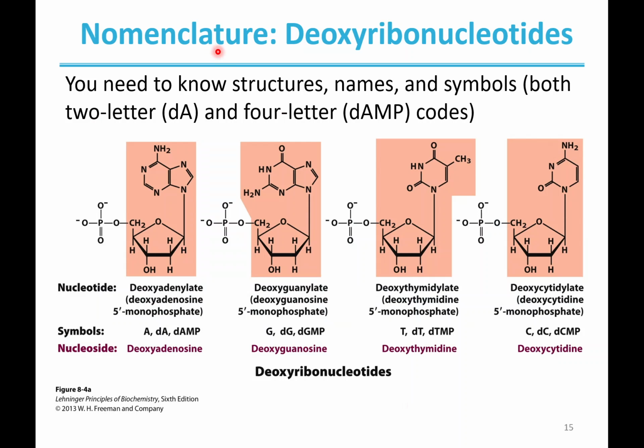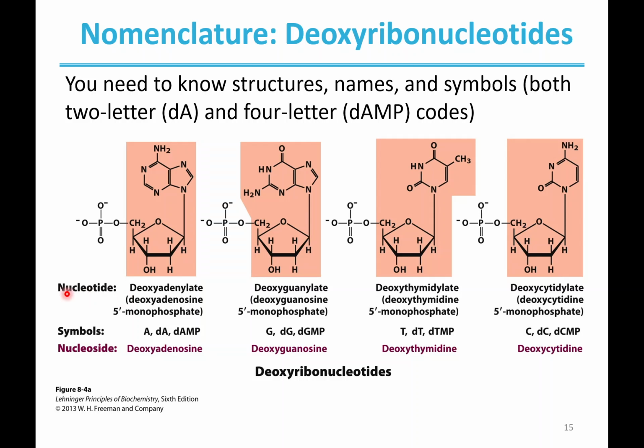So now let's look at our deoxyribonucleotides, so DNA. These are our DNA bases. You need to know the structures, names, and symbols, both the 2-letter and 3-letter symbols for these.